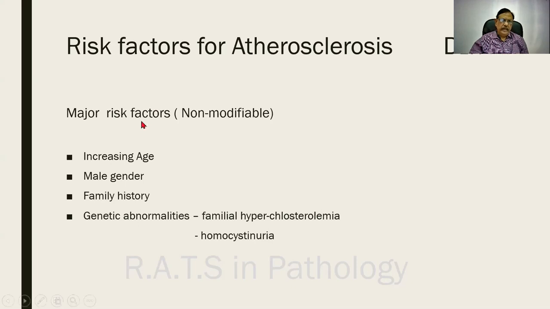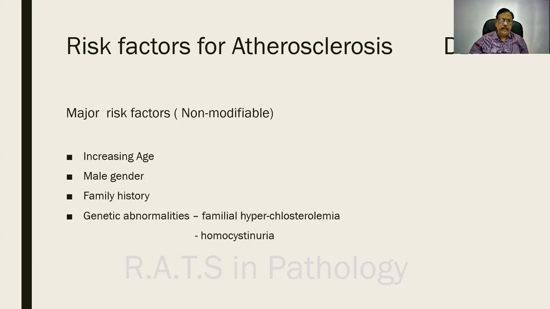But there are the major risk factors which are non-modifiable. Certain things in you cannot be modified. Your age cannot be modified. As you grow older, the risk is more. Gender, of course, cannot be changed.